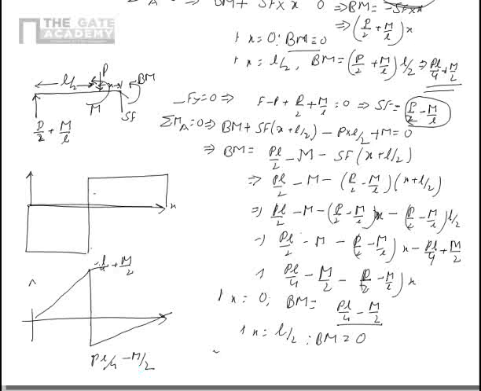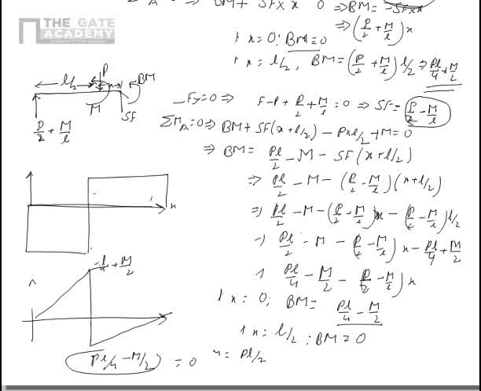Now of course, if m is equal to PL by 2, this quantity will be equal to 0 if it is the case, and this quantity will become equal to PL by 2. Similarly, if m is PL by 2, then let's see what happens to this one.